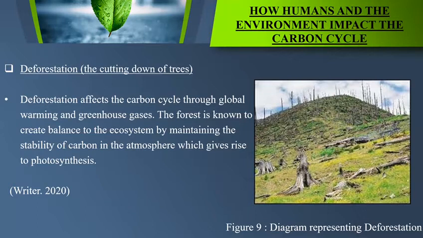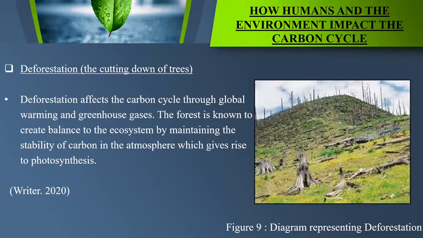this cycle. So, for example, with regards to deforestation, which involves the cutting down of trees and so forth, these trees that are necessary for absorbing the carbon dioxide from the air and using it for the production of different macromolecules, the reduction of forests within the earth will disturb the balance of ecosystems, whereby the stability of carbon in the atmosphere is affected.